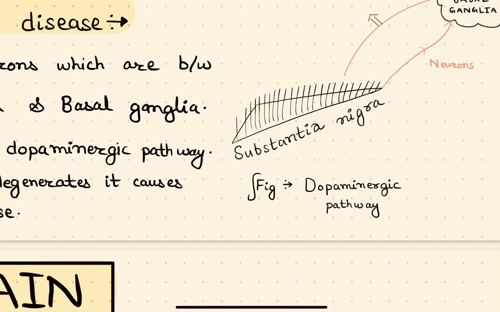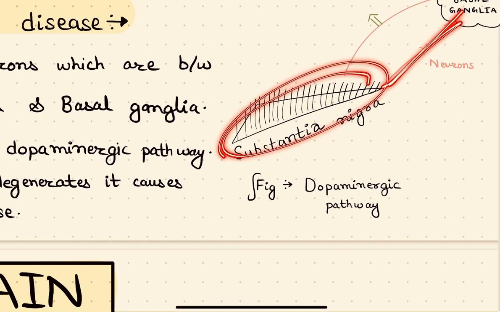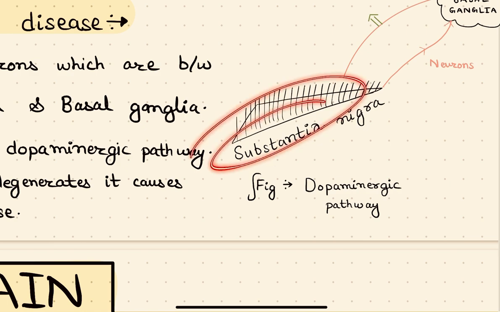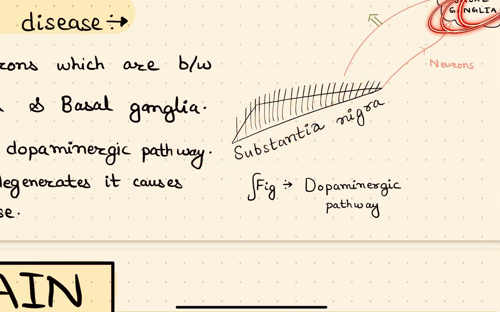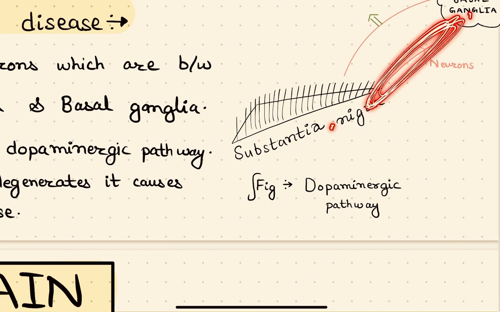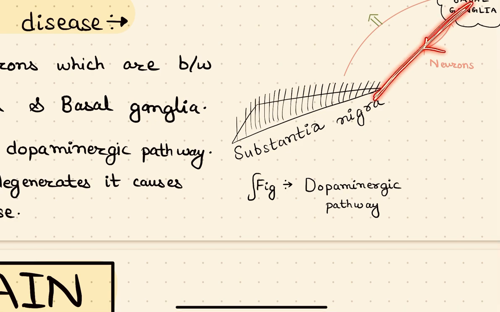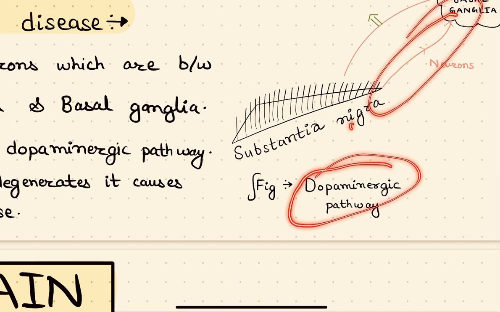There are certain connections of neurons between this substantia nigra of the midbrain and the basal ganglia of the forebrain. So forebrain and midbrain have a neuronal pathway through which they communicate. This pathway has a movement of dopamine, which is generally associated with movement. This dopamine flows through these neurons between basal ganglia and substantia nigra, and this pathway is known as the dopaminergic pathway.